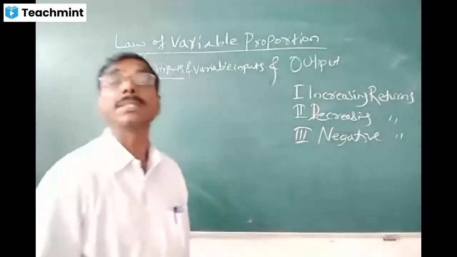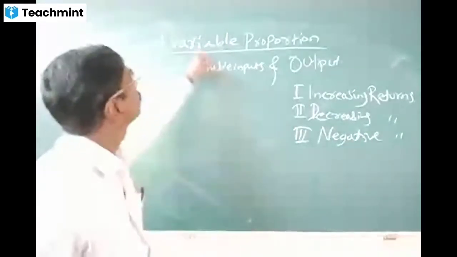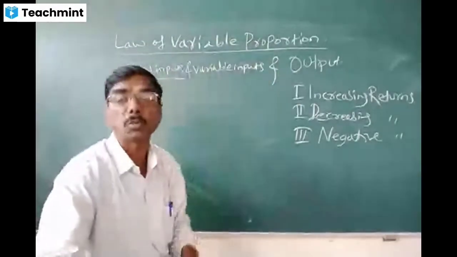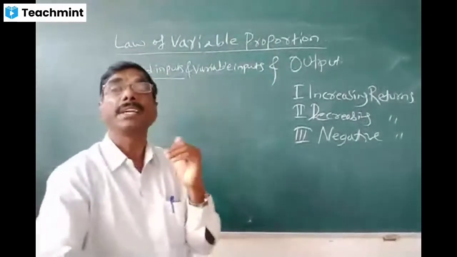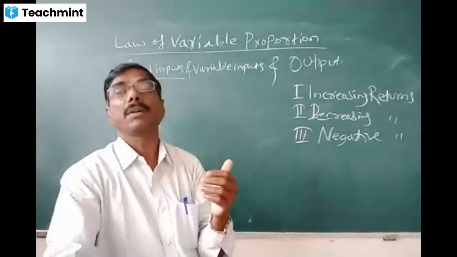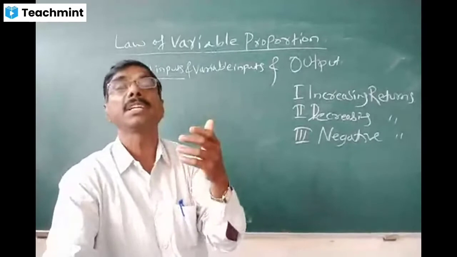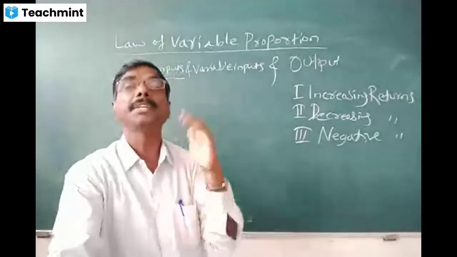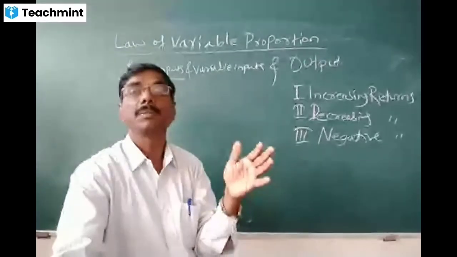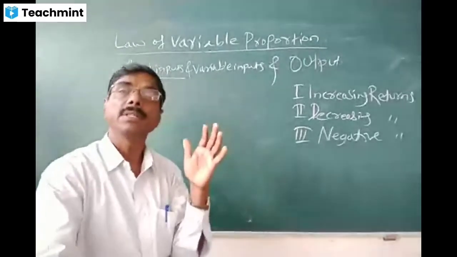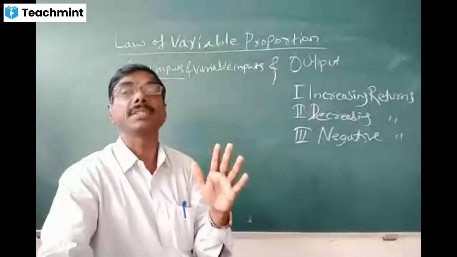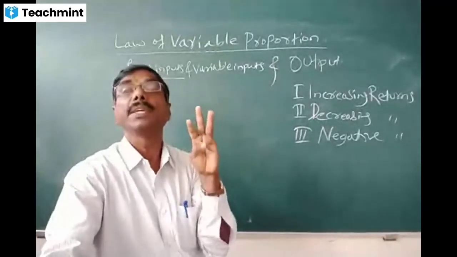When a company increases the number of laborers, keeping fixed factors constant, the output increases in three stages.